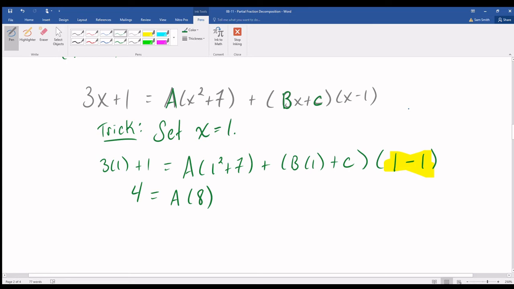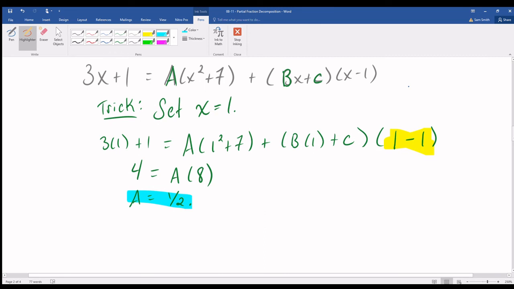And by subbing in x equals 1 and eliminating this product in the back, I was able to deduce that a must in fact be 4 over 8. a must be 1/2. Now, because x minus 1 is the only factor that actually has a root, this trick can only be used once, because x squared plus 7 can never equal 0. Only x minus 1 could be made equal to 0 and therefore eliminated.